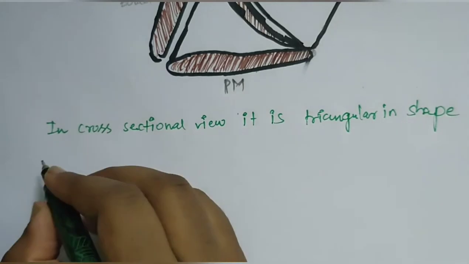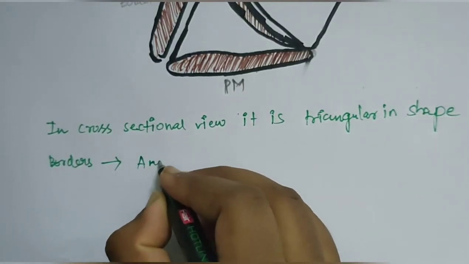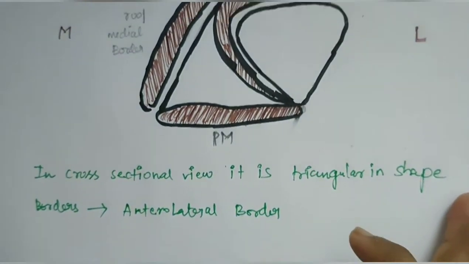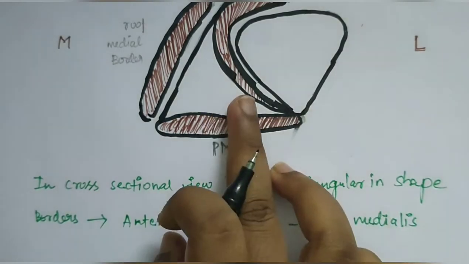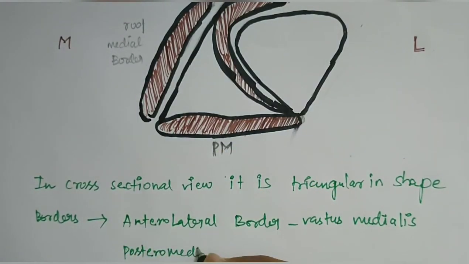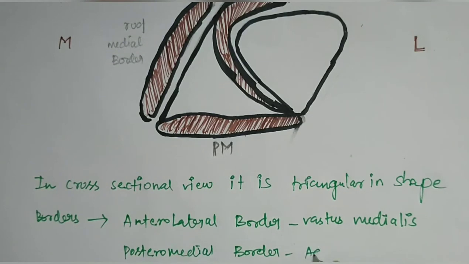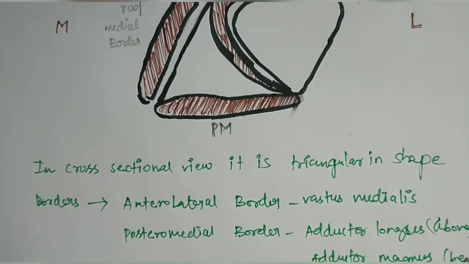Next thing you want to know is the borders. Anterolateral border, vastus medialis. Posteromedial border, adductor longus above and adductor magnus below.